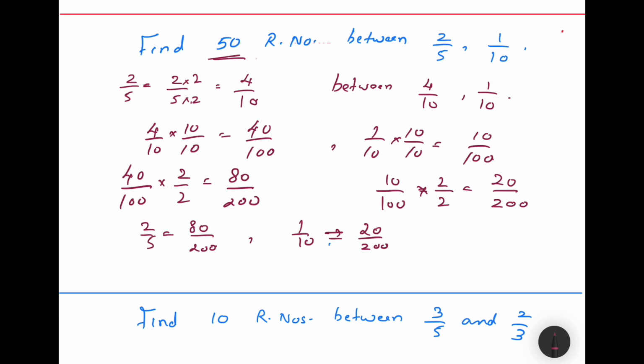Now 50 numbers between this will be from 21 by 200, 22 by 200, etc. till 79 by 200. You can select any 50 numbers.